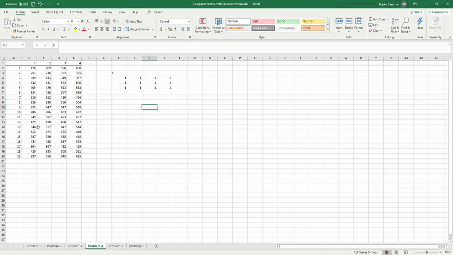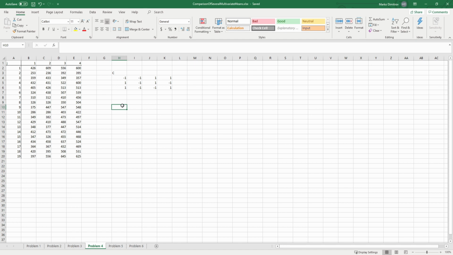Now that we know our matrix C, when we know what we actually want to test, it is easy to compute the value of the test statistic and test whether this is true or not, and to see, using simultaneous intervals, which of those combinations affect or do not affect our conclusion.